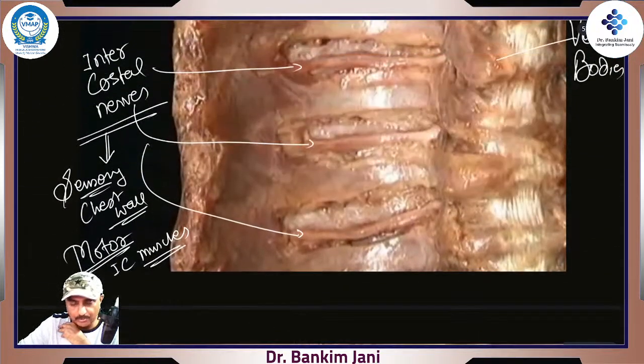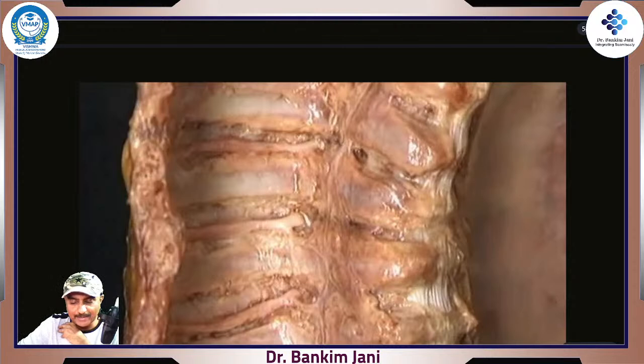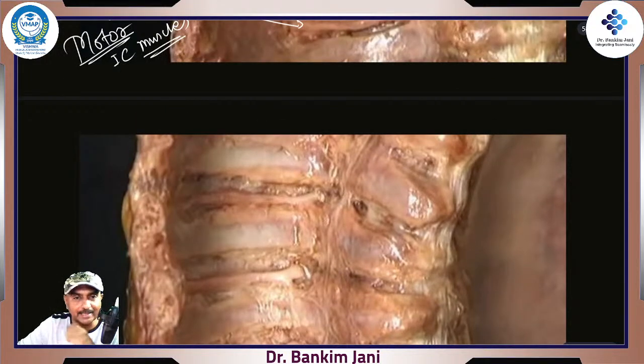So far, so good, right? So far, it is fine. But from where exactly have they come? Right? That's the million-dollar question, from where exactly have they come? Spinal nerves, right? When the spinal nerves are formed, they divide into two parts, right? Anterior rami and the posterior rami.